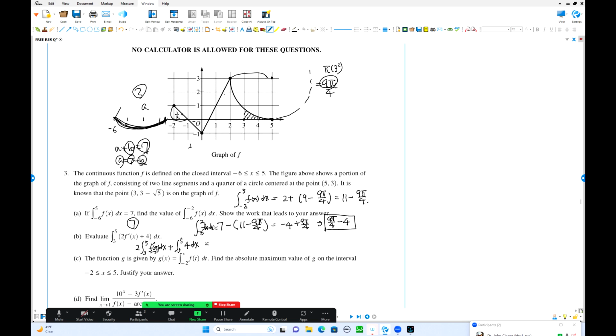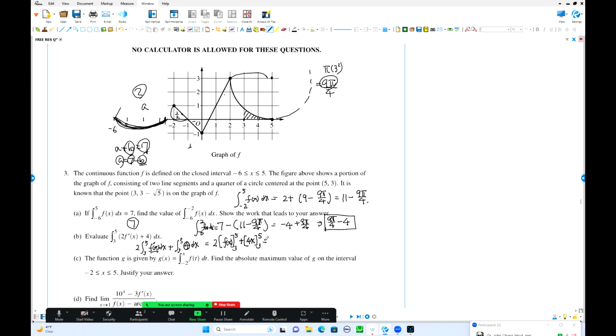So this one is 2 times the antiderivative, f of x, evaluated from 3 to 5. After that, this is the 4x. The antiderivative of 4 is 4x, evaluated from 3 to 5, okay?